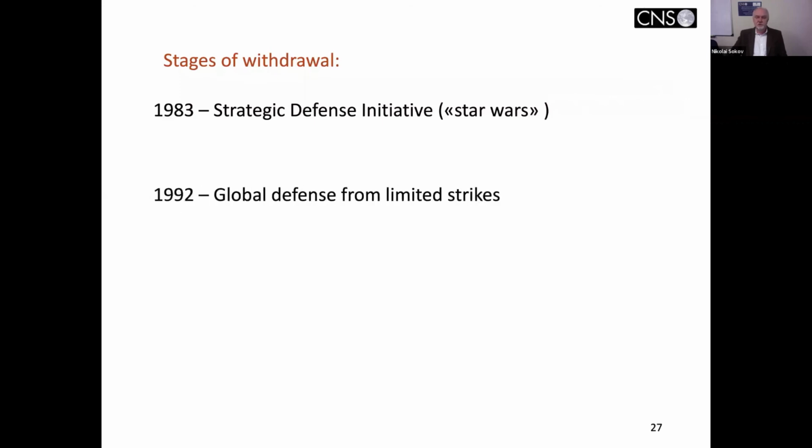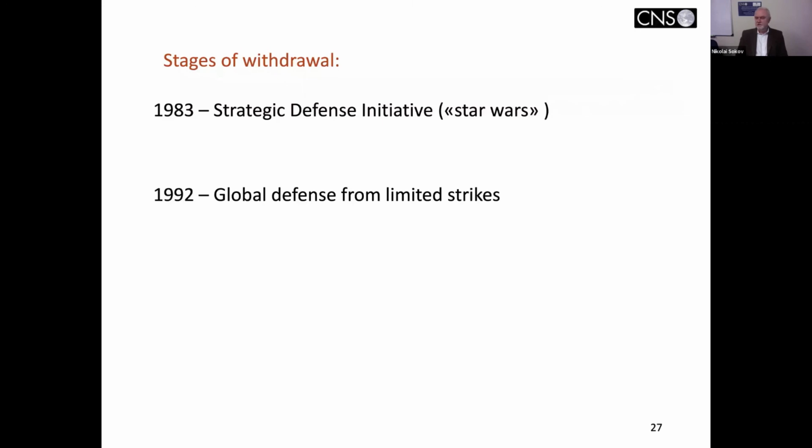So in '92, George Bush Senior, once again the president who died a few days ago, could not really cancel Star Wars. That was politically almost impossible.